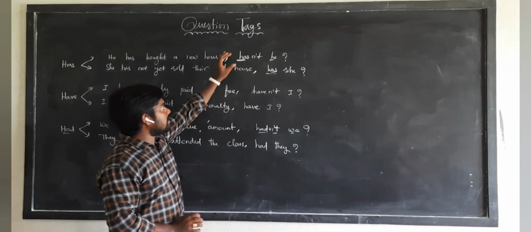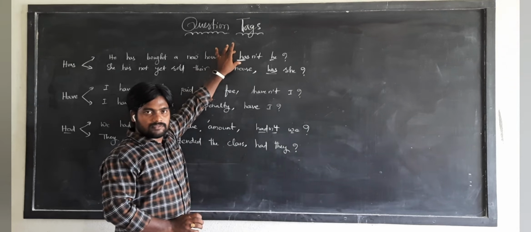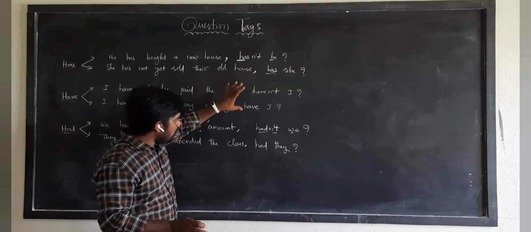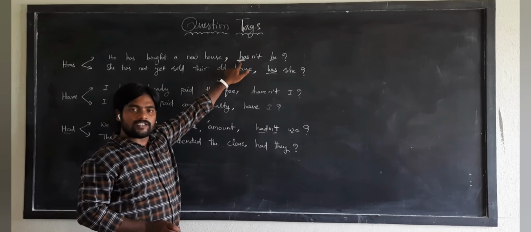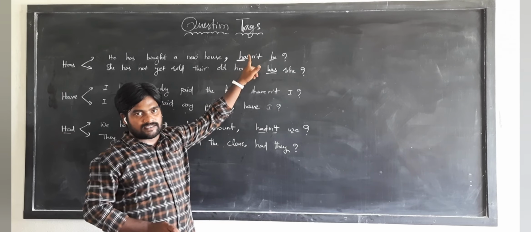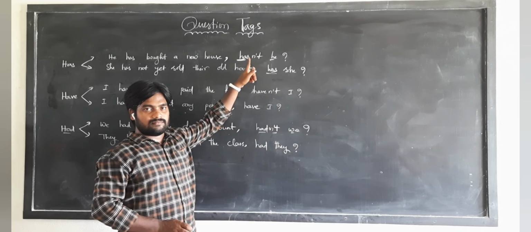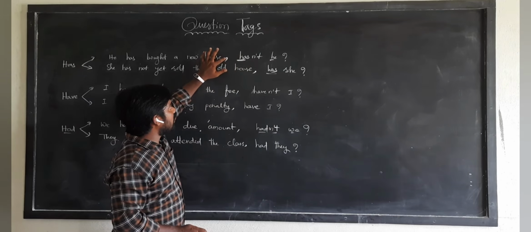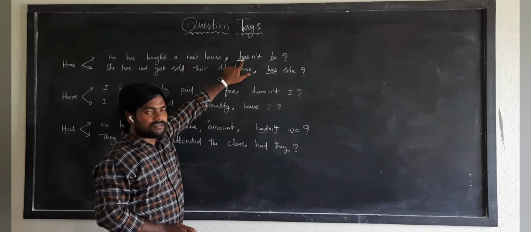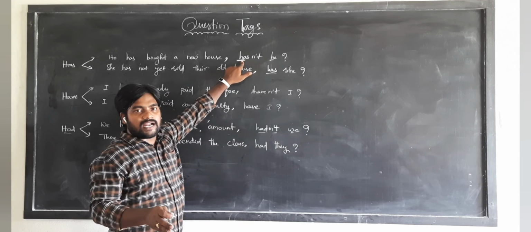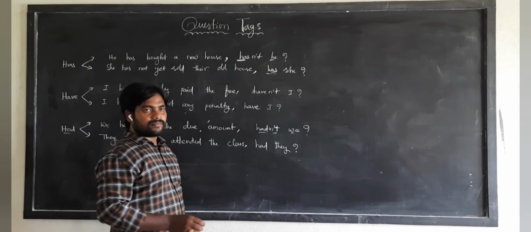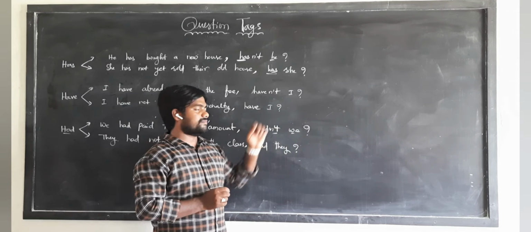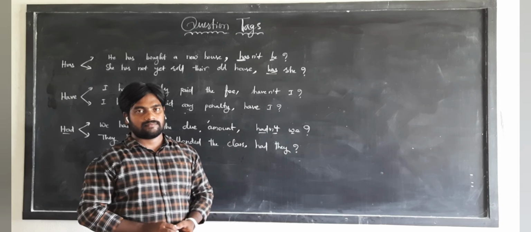So never start a tag with a capital letter. It should be only small letters. That is the reason in all my examples you can see only small letters, because it is in the middle of the sentence, not at the start. This is called a full sentence. So that is why we are keeping a comma here, and the question tag should start with a small letter, and also the pronoun should be small, except I, the personal pronoun.